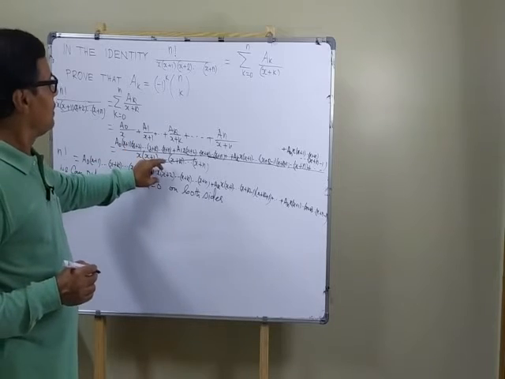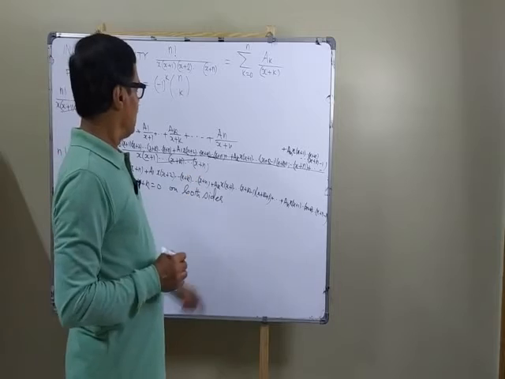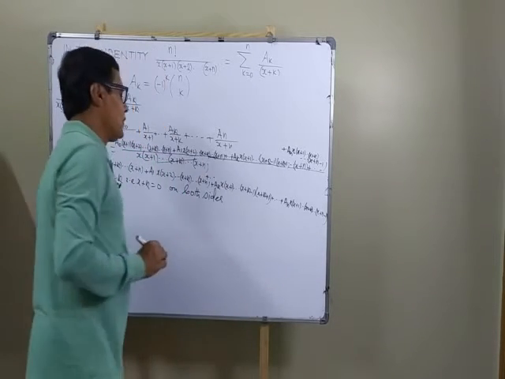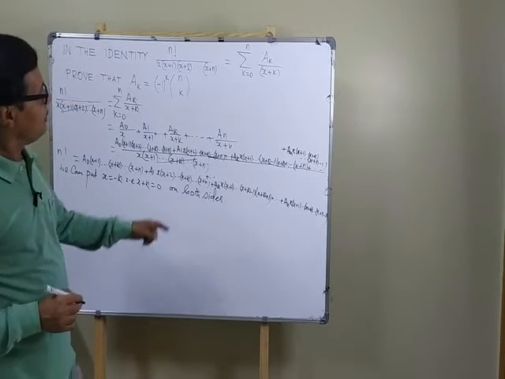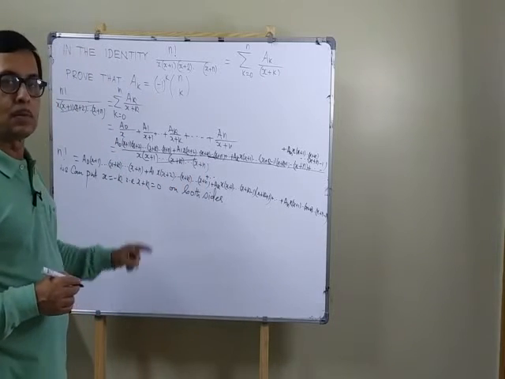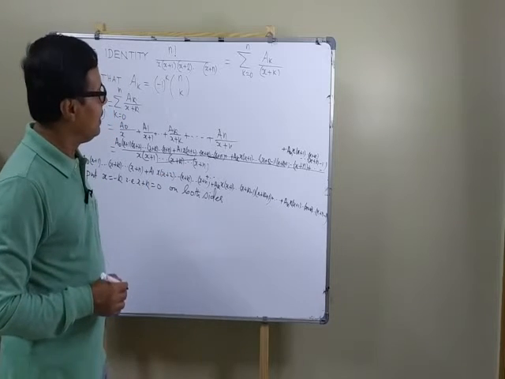The next term also vanishes because it contains the factor x plus k, and so on. The next terms also vanish because they contain the same factor x plus k equal to 0.